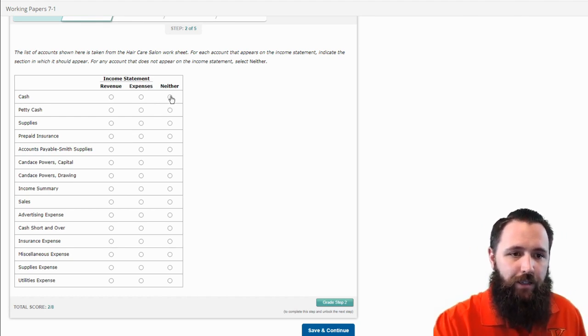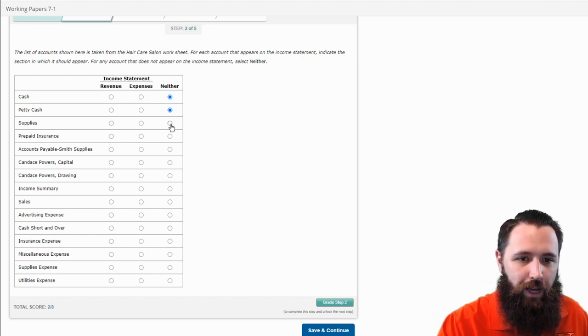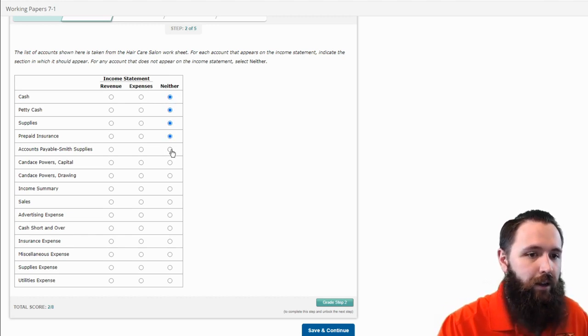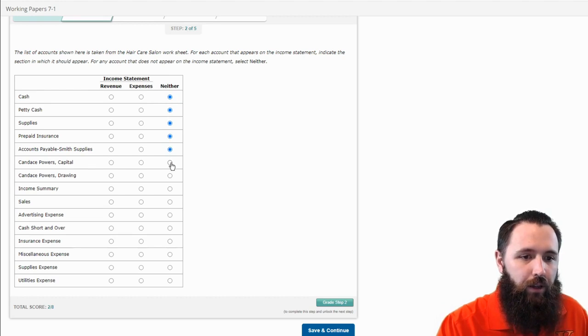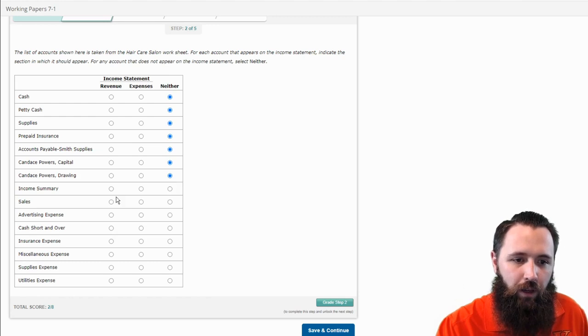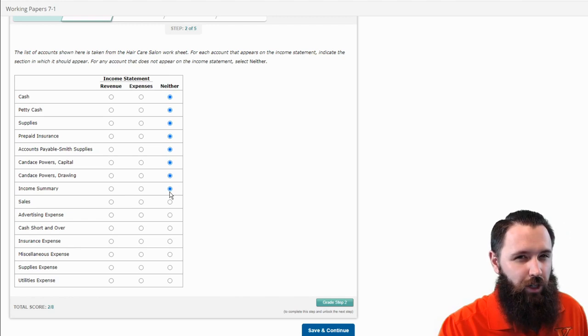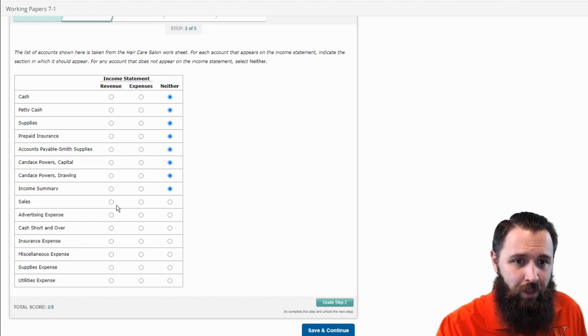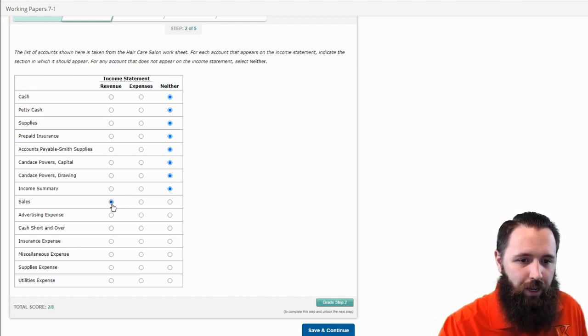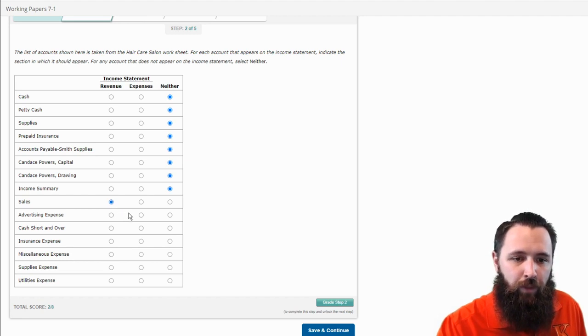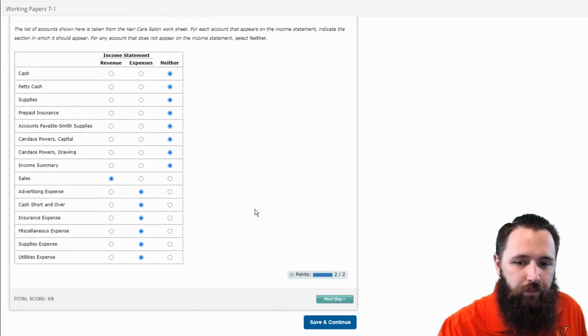So cash is an asset, petty cash is an asset, supplies is an asset, prepaid insurance is an asset, accounts payable is a liability, Candace Power Capital is equity, drawing is equity, income summary is going to be neither. That's a temporary account that we'll look at in chapter 7 or 8, can't remember. Sales, hey, that's a revenue, okay? This one's going to go on our income statement, and then we have all of these expenses. So it's just sales and expenses. There we go.